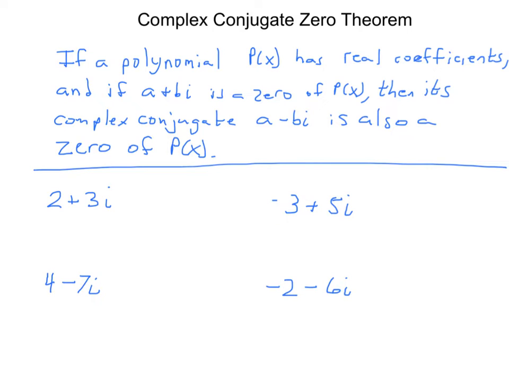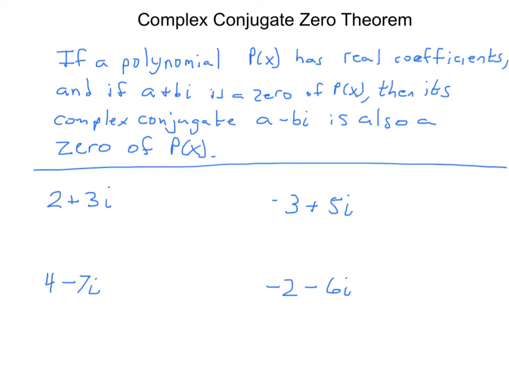One of the things we have that can help us out with this is the complex conjugate zero theorem. What that says is if a polynomial p of x has real coefficients, so the coefficients are real numbers, and if a plus bi is a zero of p of x, then we know its complex conjugate, which is a minus bi, is also a zero of p of x.